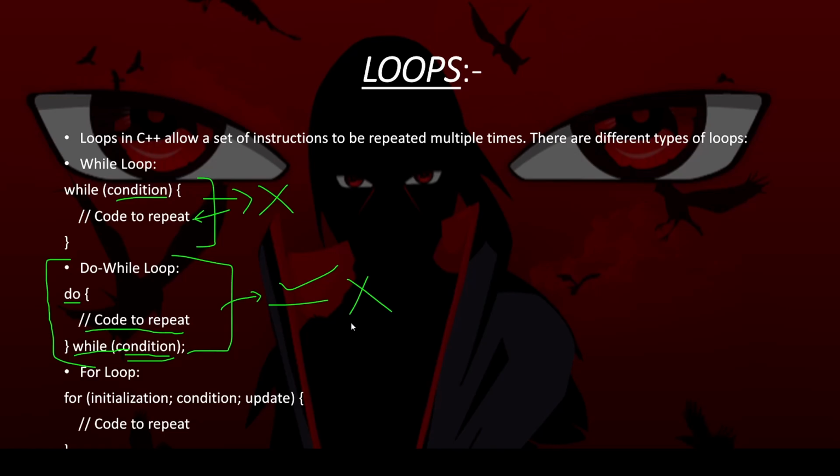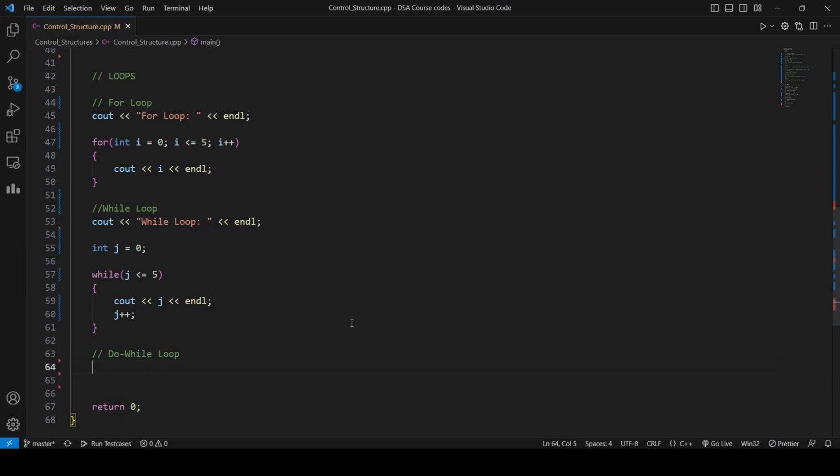Now let's go to the coding part of do while. First of all, let me write cout do while, and then endl.